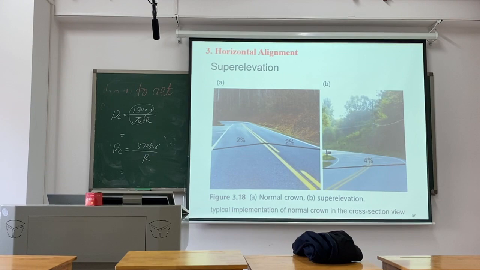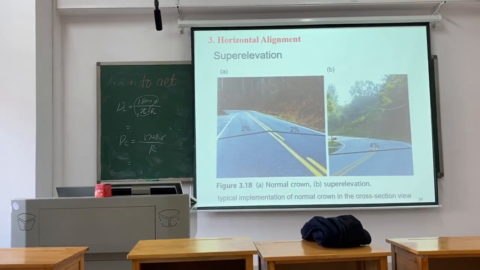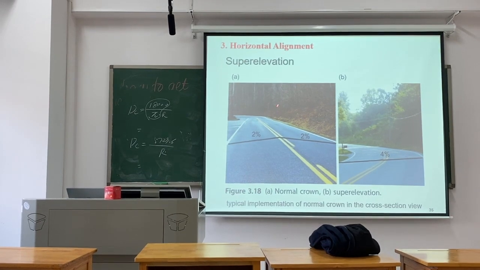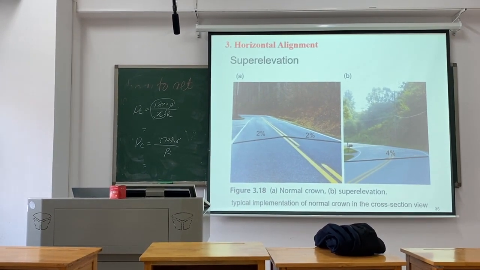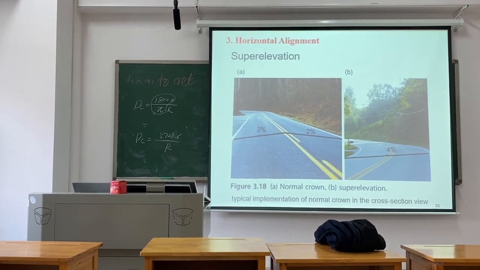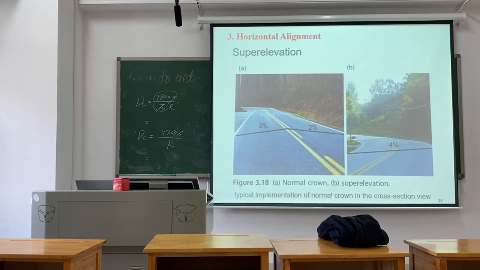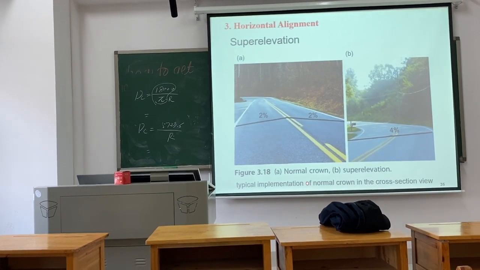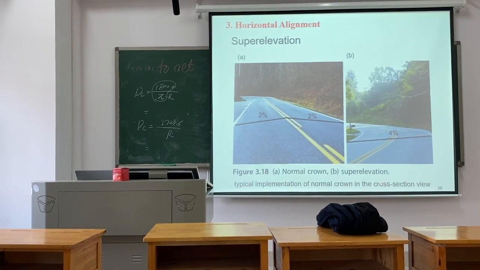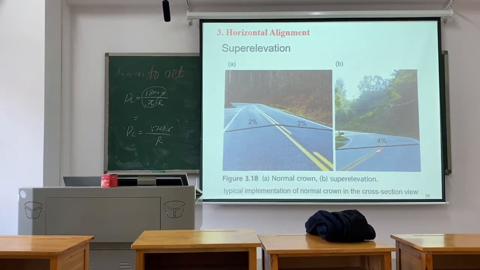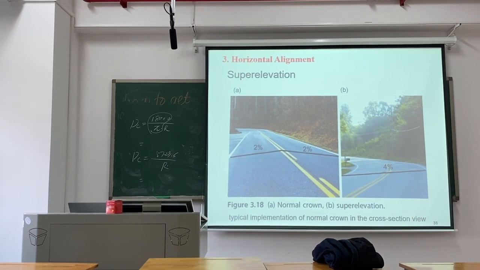This is the normal crown and this is superelevation. The normal crown has the two sides sloping away from the center in the cross-section view. This is the typical implementation of a normal crown in the cross-section view. This is the superelevation.